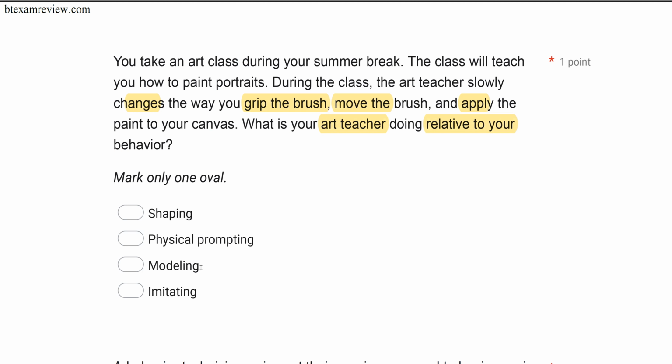The physical prompting and modeling are both out. Nothing about this question implies she's prompting you. What about imitating? Well, the art teacher isn't imitating you. You're the one, if anything was happening relative to your behavior, who would likely be doing the imitation. But we're not talking modeling.